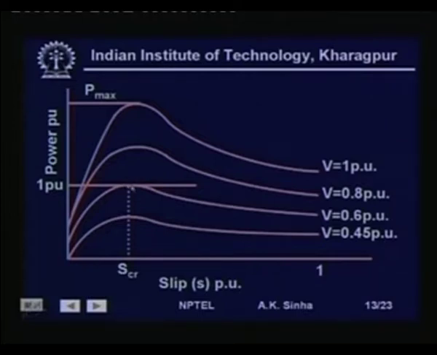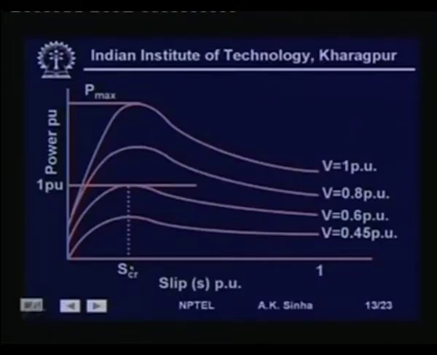The voltage at which the maximum power is equal to the load is called the critical voltage. So, in this case we find that V equal to 0.06 per unit is the critical voltage for this machine, because below that the machine is going to stall, that is, it is going to come to a stop, and the slip at which this occurs is the critical slip.